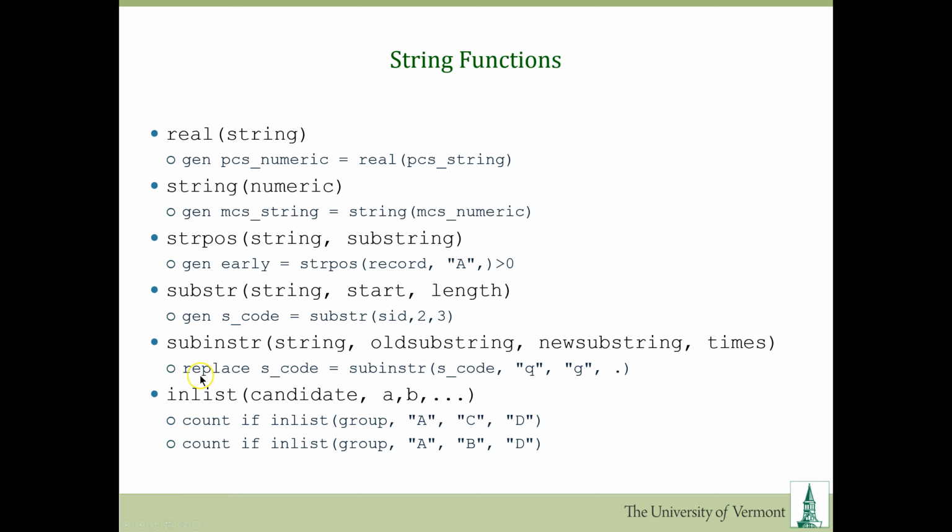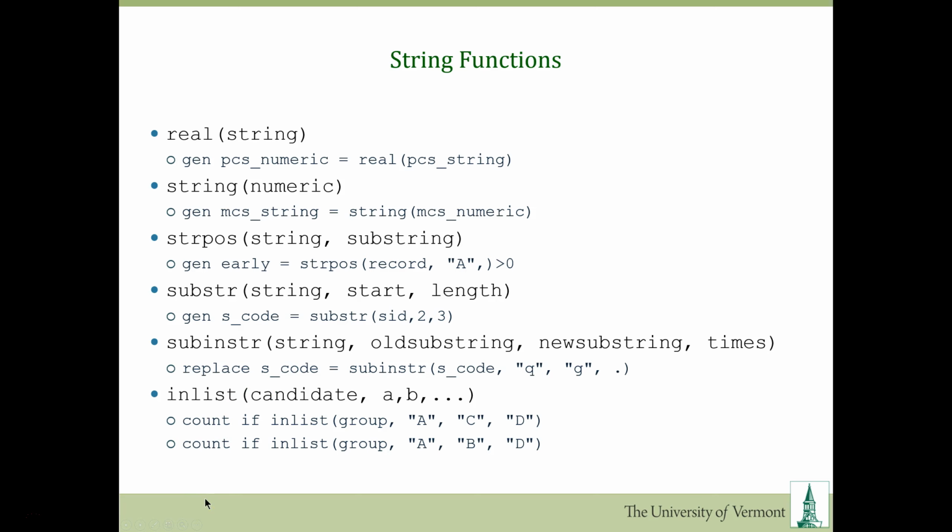Here's another string function that's really quite handy. It says, take a variable, it's a candidate, and check to see if any of these strings or values are in the candidate.